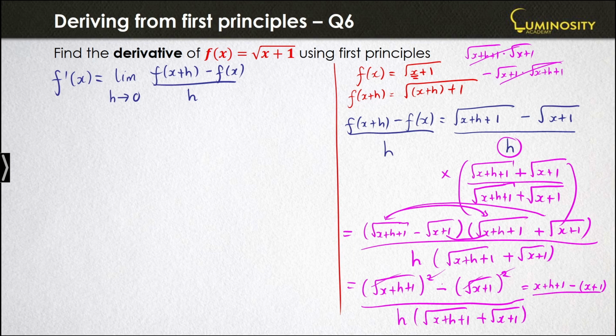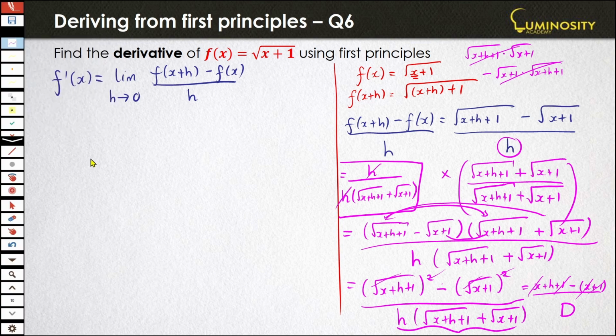All over, I'll call that capital D for the denominator, but essentially it's this term here. So what do I have left over? x minus x cancels, 1 minus 1 cancels, so it's h all over h times the square root of x plus h plus 1 plus the square root of x plus 1. Now these h's divide into each other.